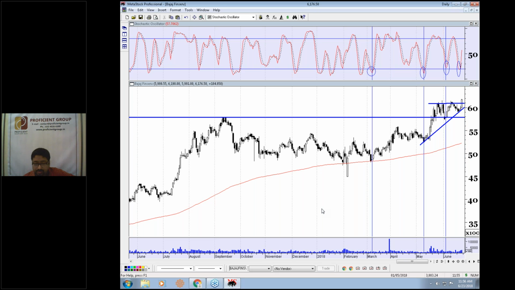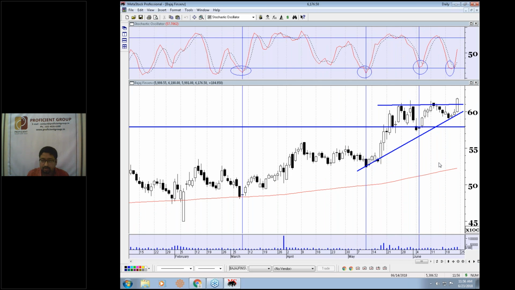So this 8-month consolidation has been broken upward, and chances are very high that this upward trend will continue further, and you will get higher prices with this stock.